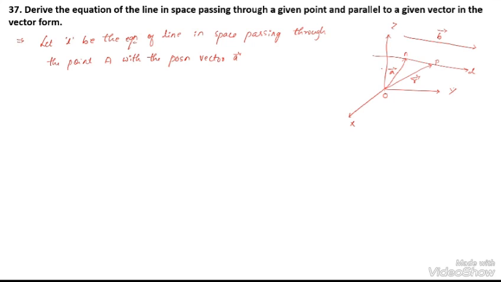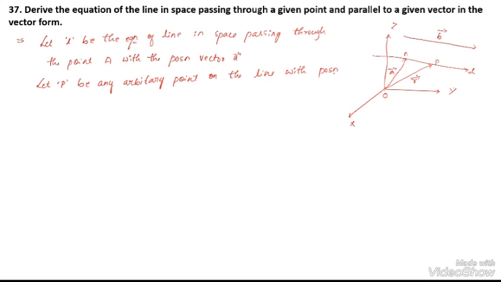And here there is a point P. Let P be any arbitrary point on the line, with position vector r.